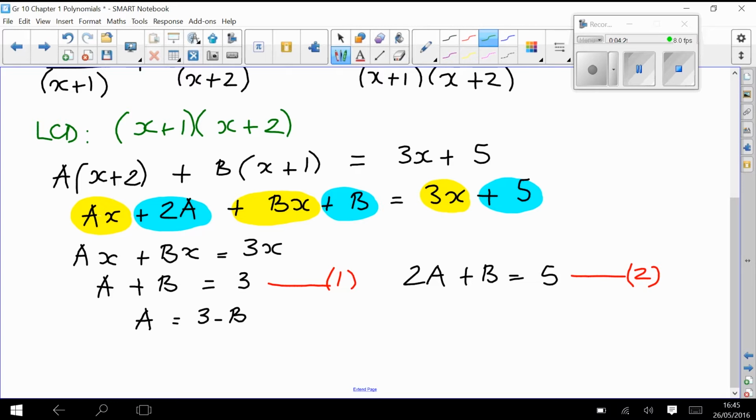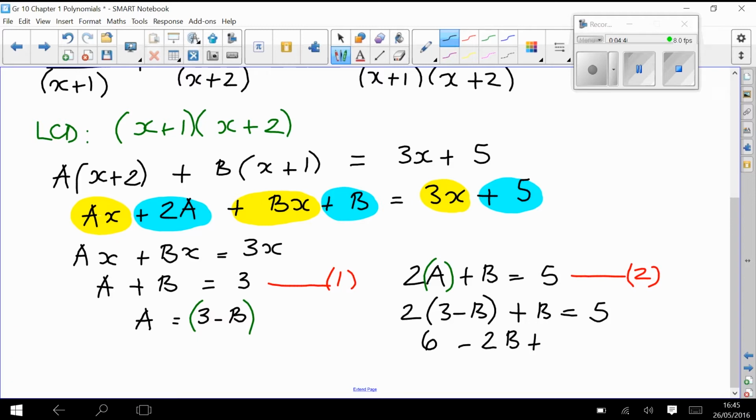Substitute this expression for a into the other equation, which means that I've got 2 times 3 minus b plus b is equal to 5, and solve for b. So I've got 6 minus 2b plus b is equal to 5.